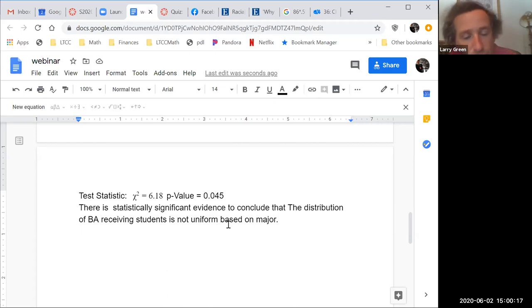Okay, so there's an example. By the way, had the p-value instead of been, say, 0.04, let's say it had been 0.14, then the only difference is that you'd have insufficient evidence to show. That's the only difference. Any questions on this goodness of fit test?